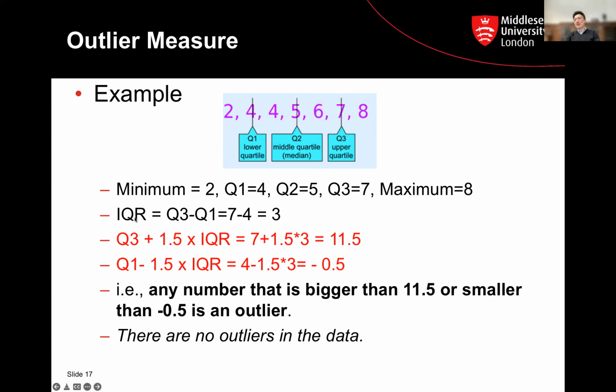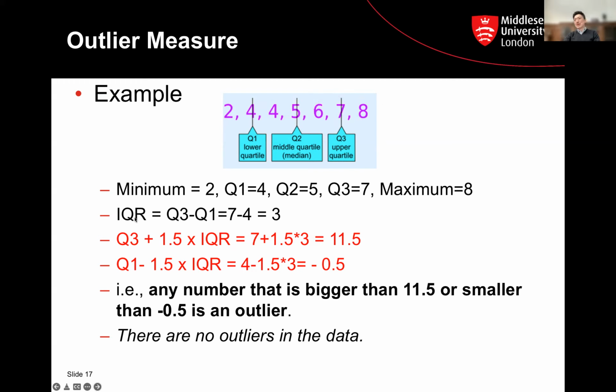So you extend to the right, and 7 plus 1.5 times 3 gives you 11.5. That means everything bigger than 11.5 is considered an outlier. Similarly, on the left side, you extend 1.5 interquartile ranges, but it becomes smaller, not bigger.